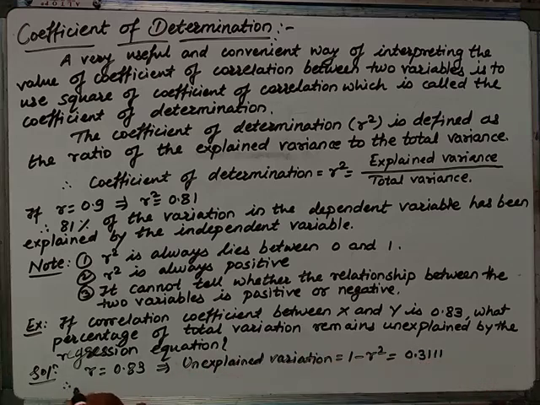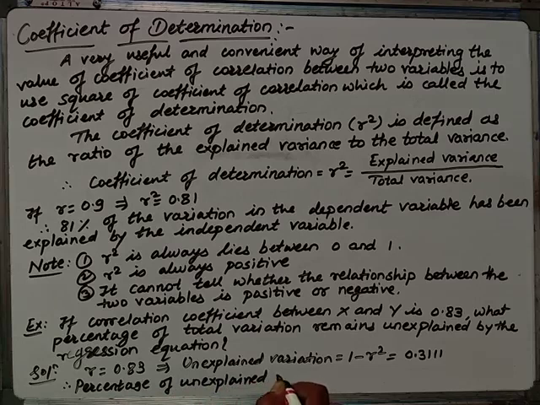Therefore, percentage of unexplained variation is how much? 31.11, right, percent. This is our answer here.